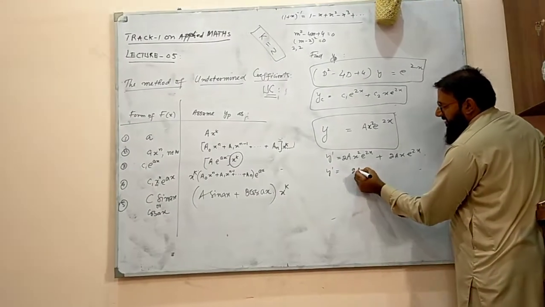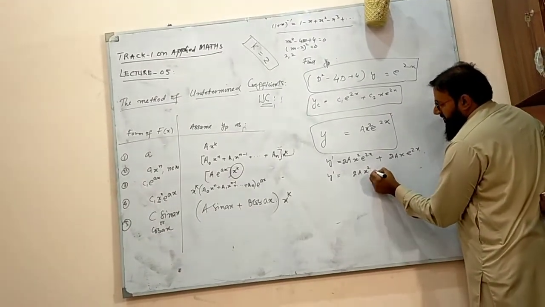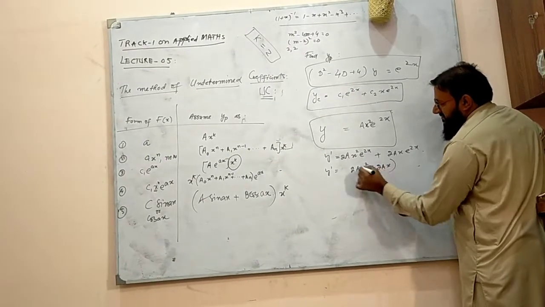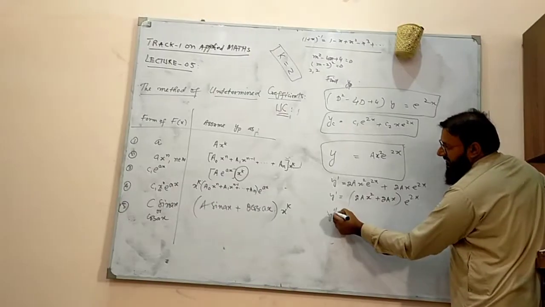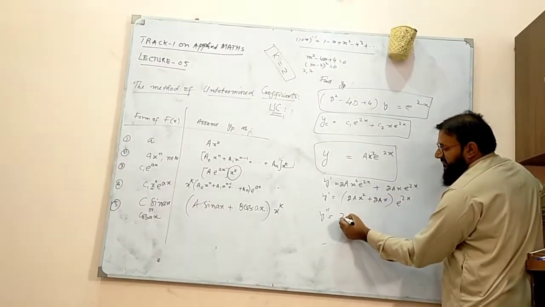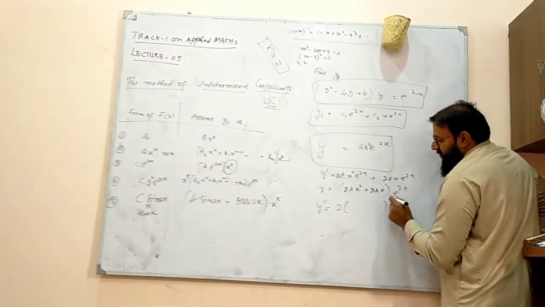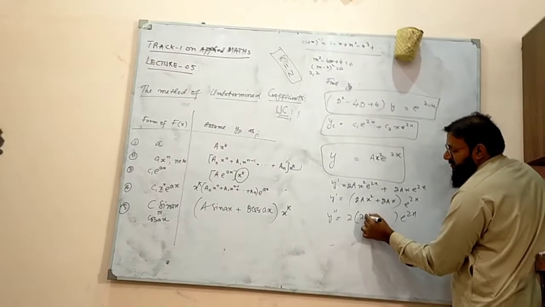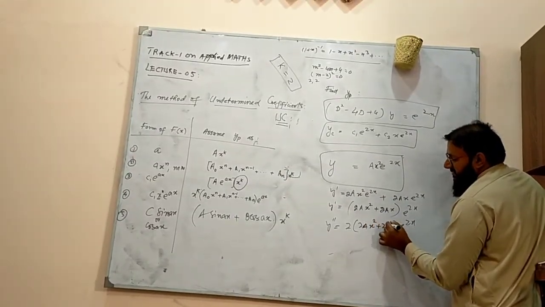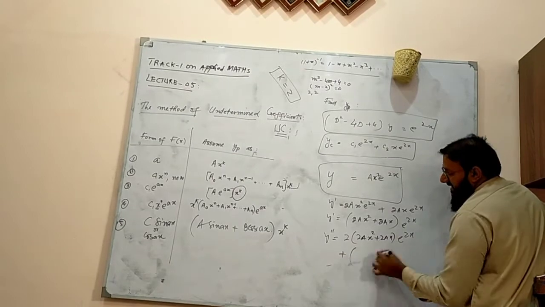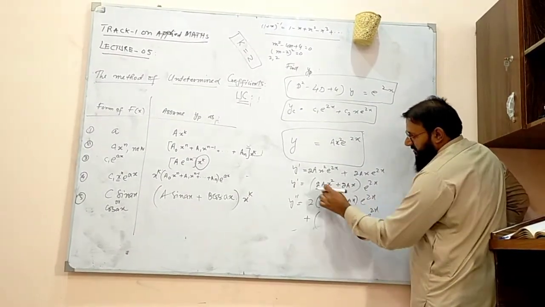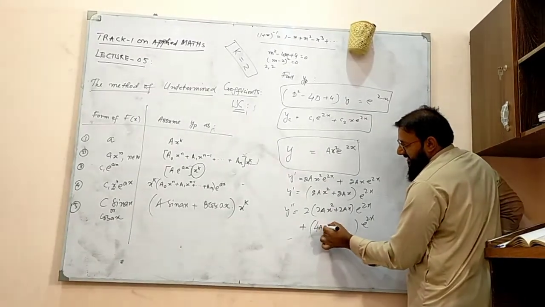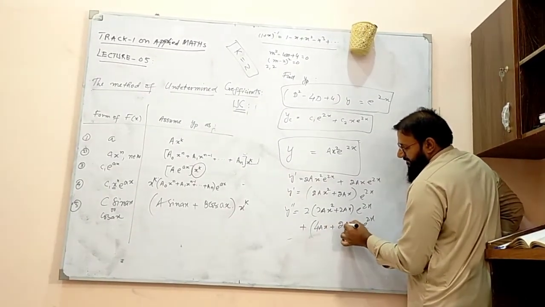Taking 2a common: 2a x square e raised to 2x plus 2ax e raised to 2x. Now y double prime would be the derivative of this one: 2 e raised to 2x times 2ax square plus 2ax, plus the derivative of this thing, with e raised to 2x remaining same, so 4ax plus 2a plus 2a.